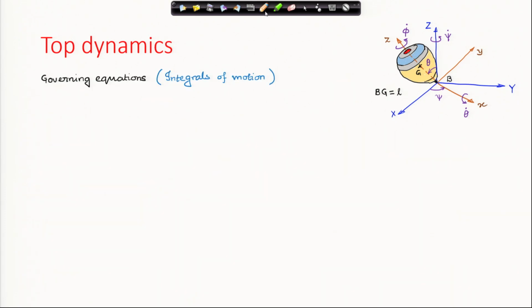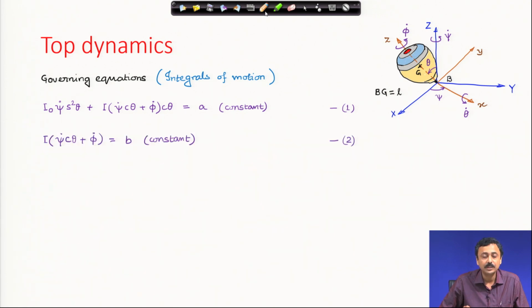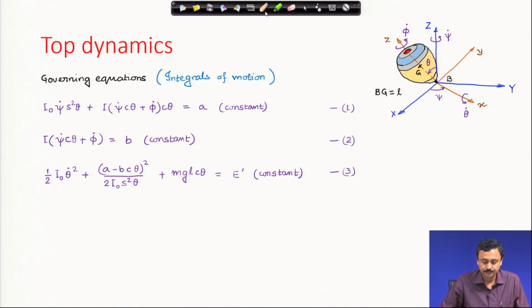So, what do we have? We have now 3 integrals of motion or 3 constants of motion. The first one is obtained from the conjugate momentum corresponding to the coordinate psi. The second one is the conjugate momentum corresponding to the coordinate phi, and third is the energy conservation.